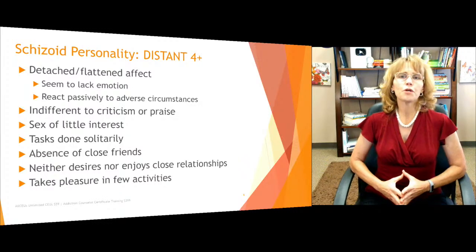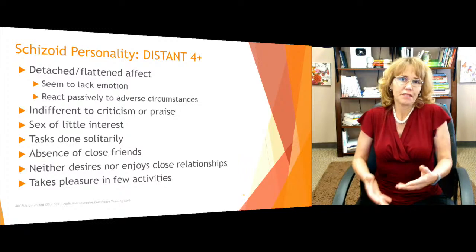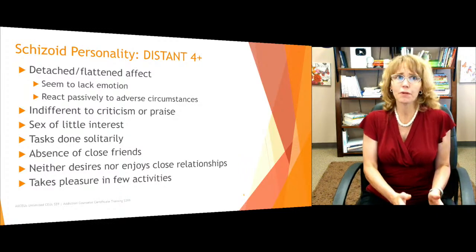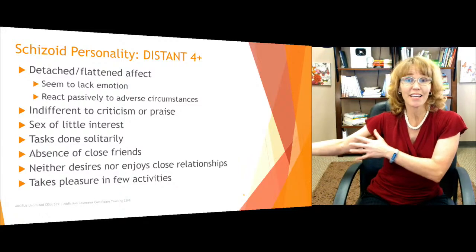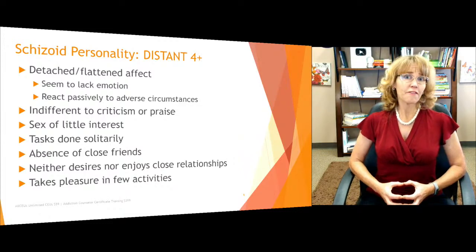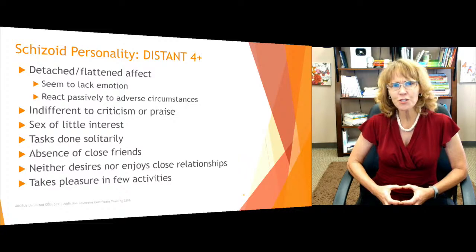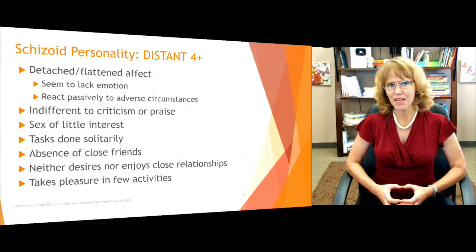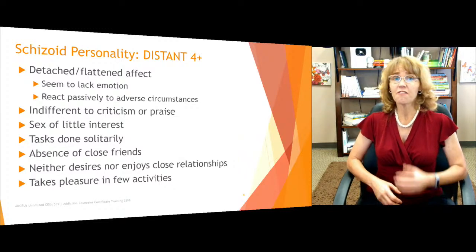Do all people with schizoid personality have a trauma history? No. We can't say all people with X will develop any particular diagnosis, but it is certainly important from a trauma-informed perspective to ask ourselves, how do these behaviors make sense? What happened that triggered or prompted the development of this?